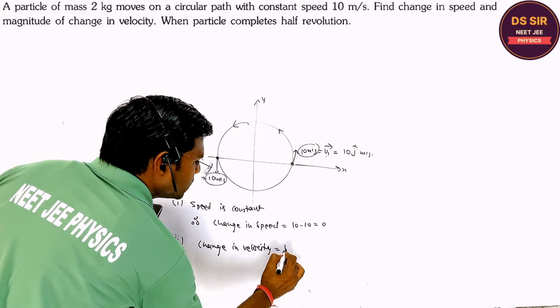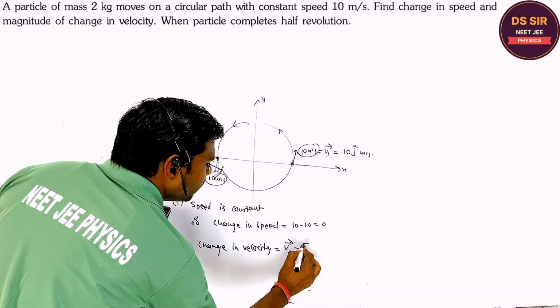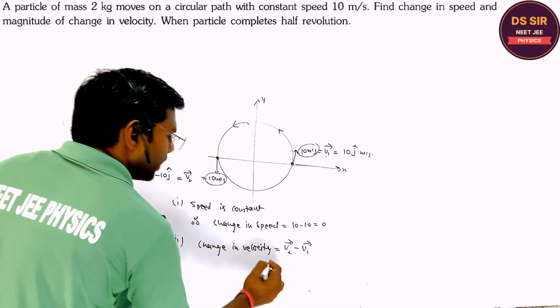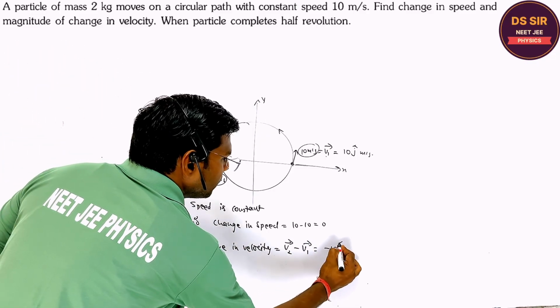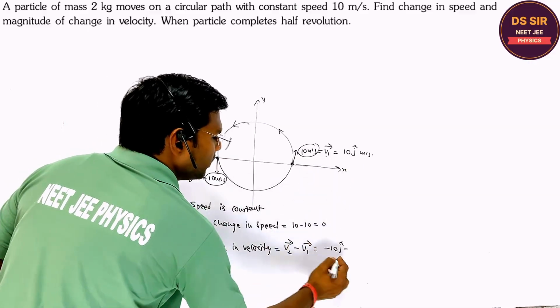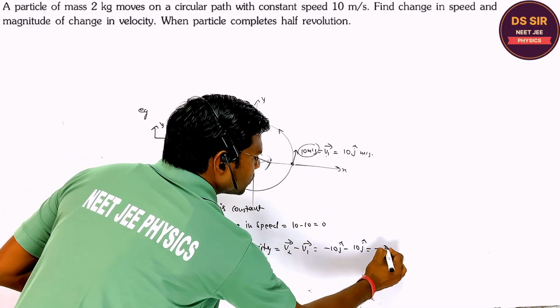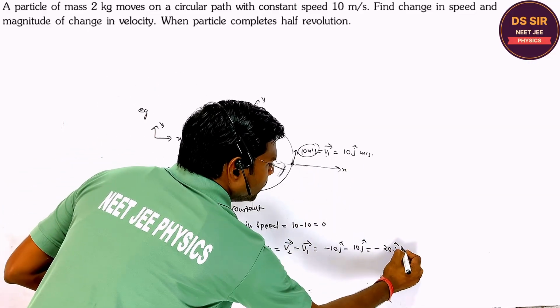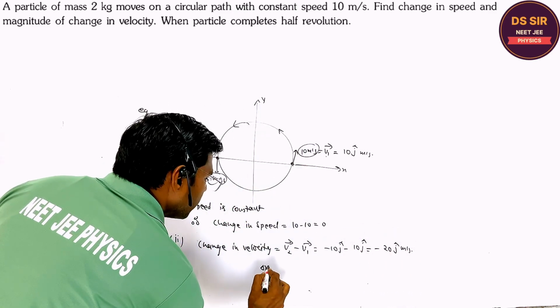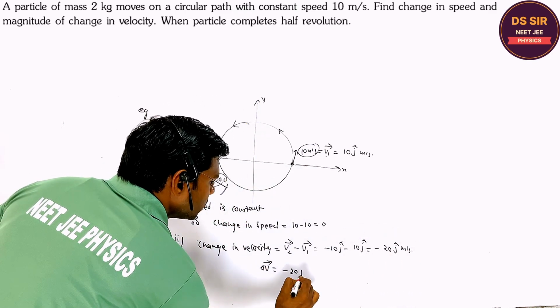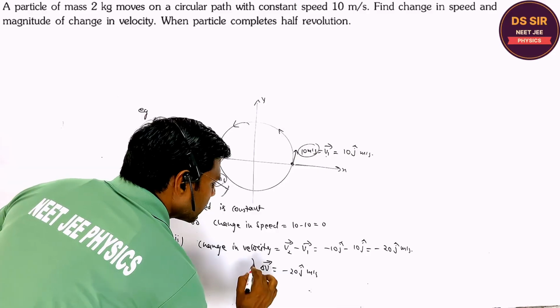The change in velocity is nothing but v2 vector minus v1 vector. What is the v2 vector? Minus 10 j cap minus, what is the v1 vector? 10 j cap is equal to minus 20 j cap meter per second.